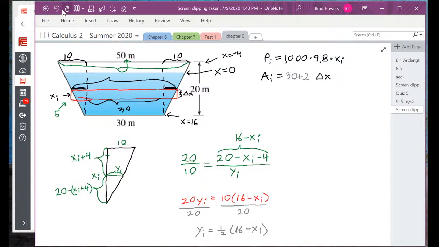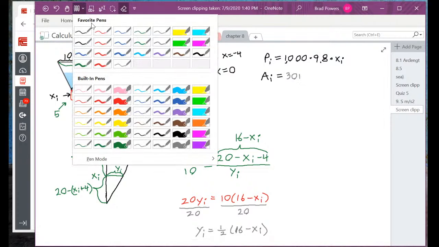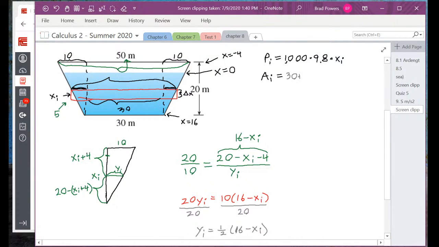So 30 plus 16 minus x sub I, and it's all that times delta x. There's our area.